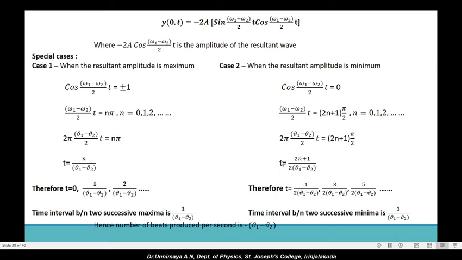Equating, we get t; 2 gets cancelled, pi gets cancelled. So what will be the equation? (2n plus 1) divided by 2 into (nu1 minus nu2).